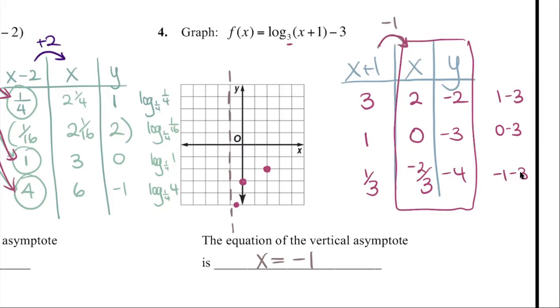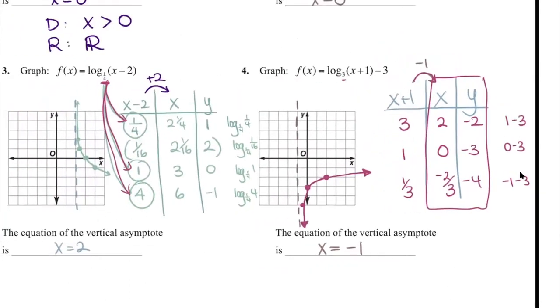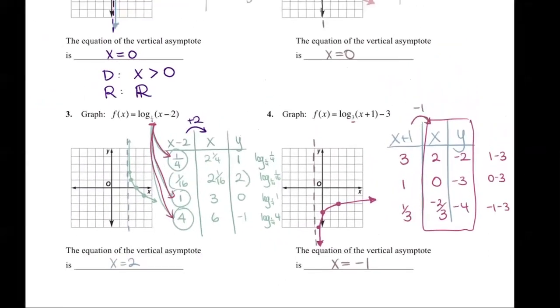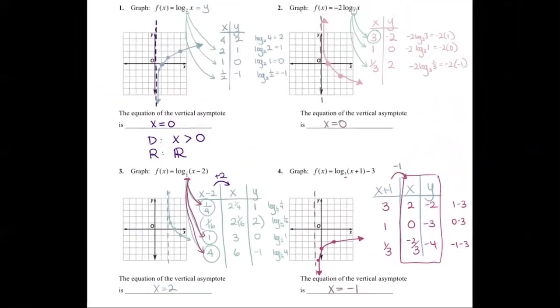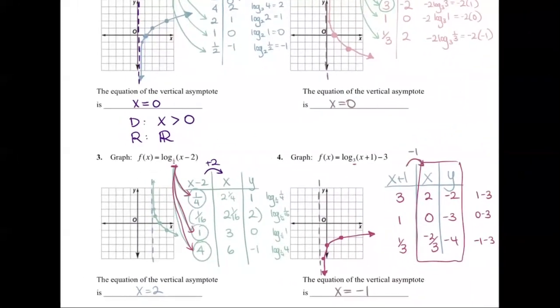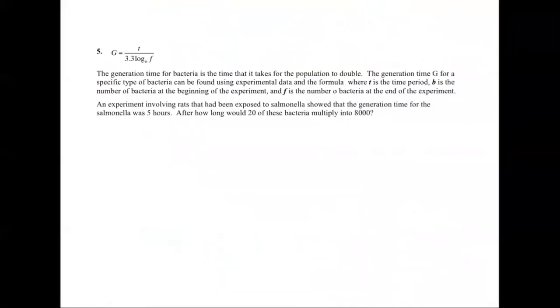So that is my graph. Hopefully you guys are starting to see this pattern, and it kind of just starts repeating itself after a while. Cool. Let's get to this last part and I think we are good.